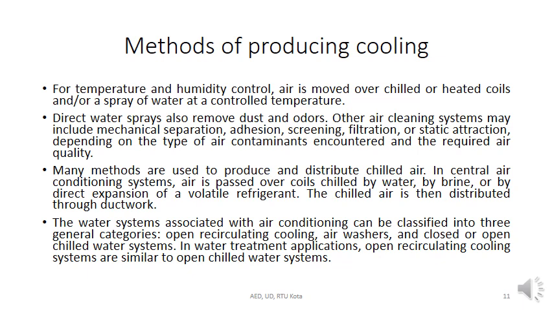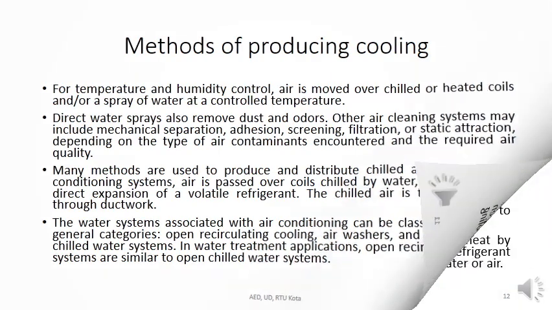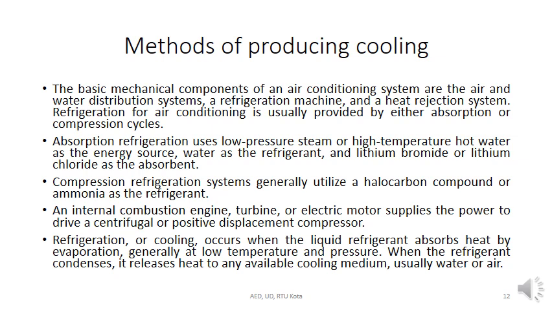Also in water refrigeration systems, air washers, open recirculating cooling systems, chilled water systems, and other types of system can be used in industrial air conditioning and refrigeration systems. The basic mechanical components of an air conditioning system are the air and water distribution system and a refrigerating machine, apart from a heat rejection system.